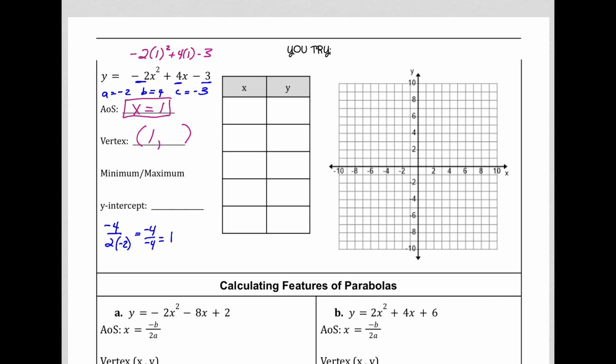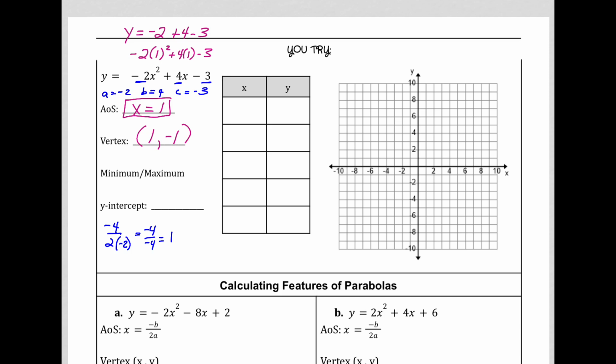So if I kind of work upwards here, 1 squared is just 1. So 1 times -2 would be -2. 4 times 1 is 4. And then we've got -3. So again, remember these are y equals. So we're trying to figure out what y is. -2 plus 4 would be 2. 2 minus 3 would be -1. So my vertex is going to be at 1, -1.